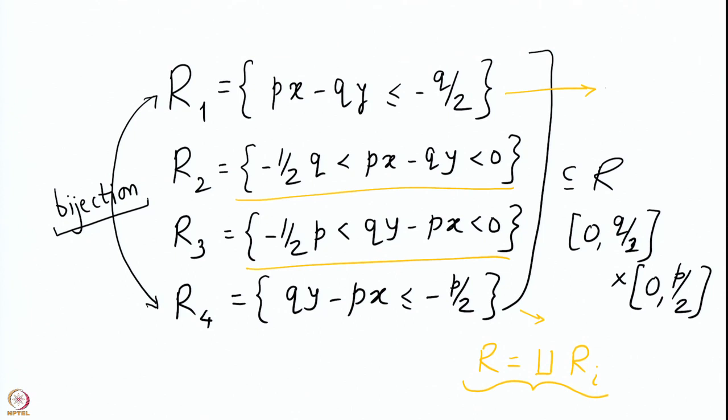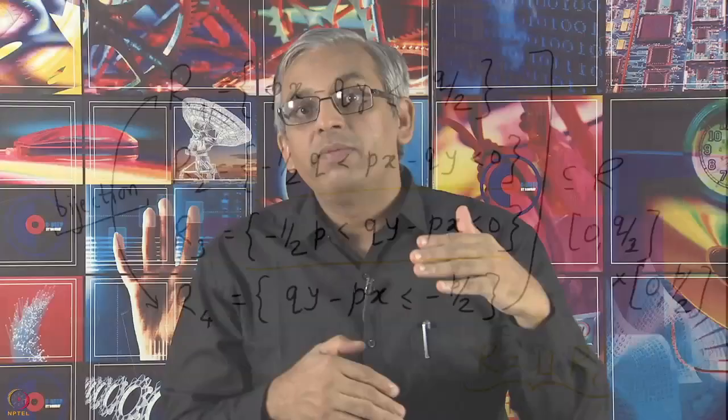Therefore, to get the number of lattice points in R, we will need to add twice the number of lattice points in R1, because the number of lattice points in R1 is the same as in R4. So, a multiple of 2 needs to be added.